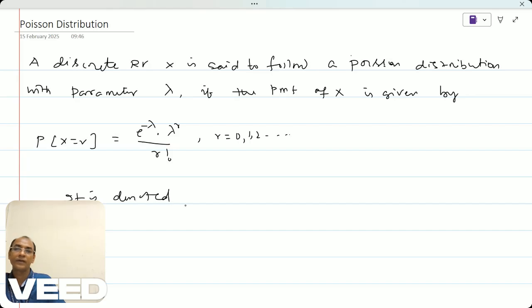It is denoted by P of lambda. P of lambda means Poisson distribution with parameter lambda.